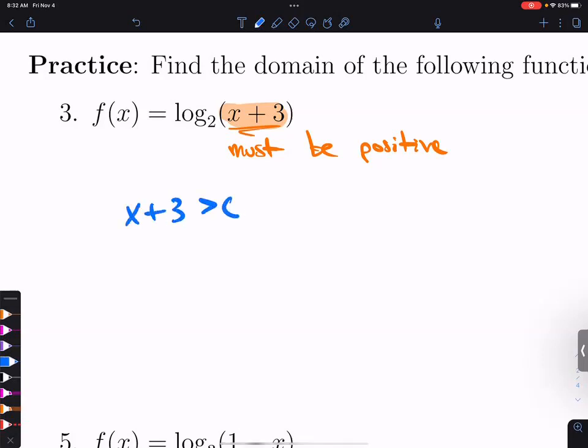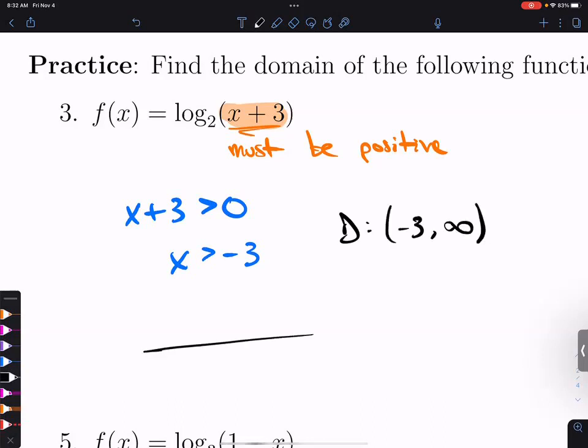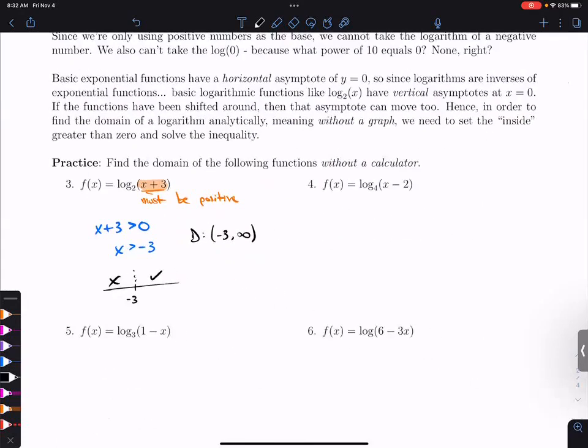X plus 3 is greater than 0 when x is greater than -3. So the domain is all the x values that are bigger than -3. If -3 is there, this is fine, this is not. So it's -3 to infinity. So we can do the domain here similar to what we did with the radical function stuff. Come back to that in a minute.